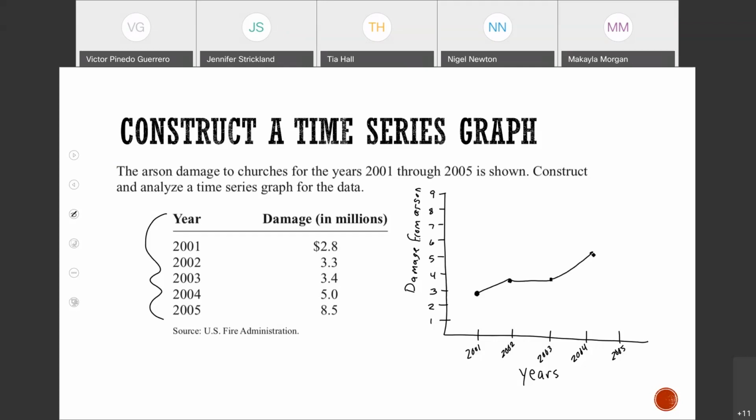And then 2005 at 8.5. All right, and then we leave it like that. We don't pull the endpoints down because that would indicate that in the next year it went to 0, which we assumed didn't happen, or that in the previous year it was at 0, which also we assume is not the case. So we just plot those 5 points and leave it like that.